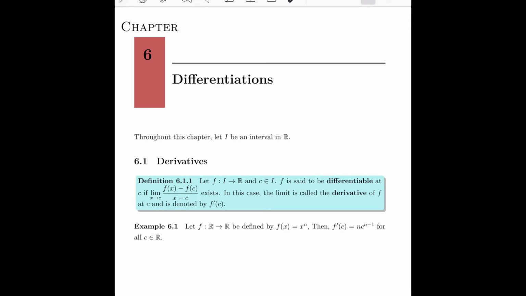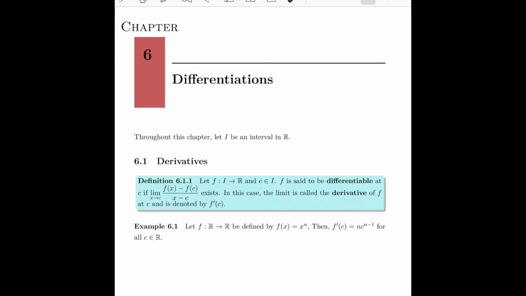First, talking about the definition of the derivative. Let f be a function from I to the real numbers R, and let c be an element in I. We say that f is differentiable at c if the limit as x goes to c of the quotient (f(x) - f(c)) / (x - c) exists.